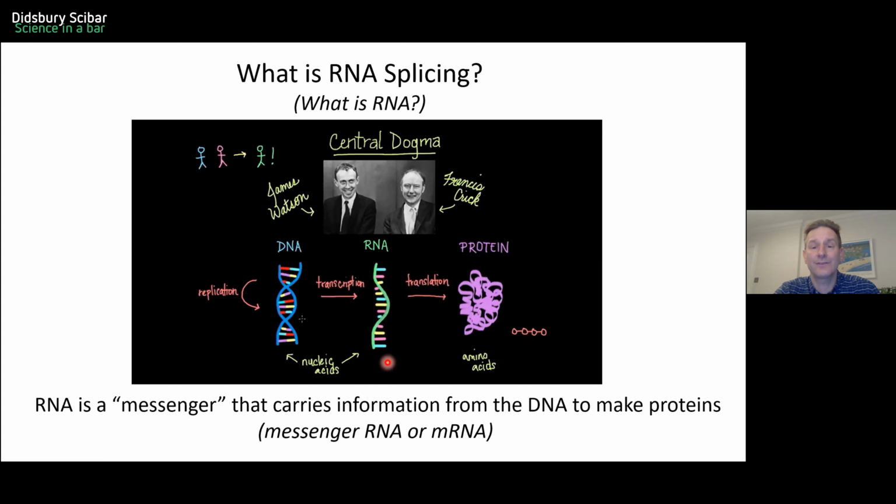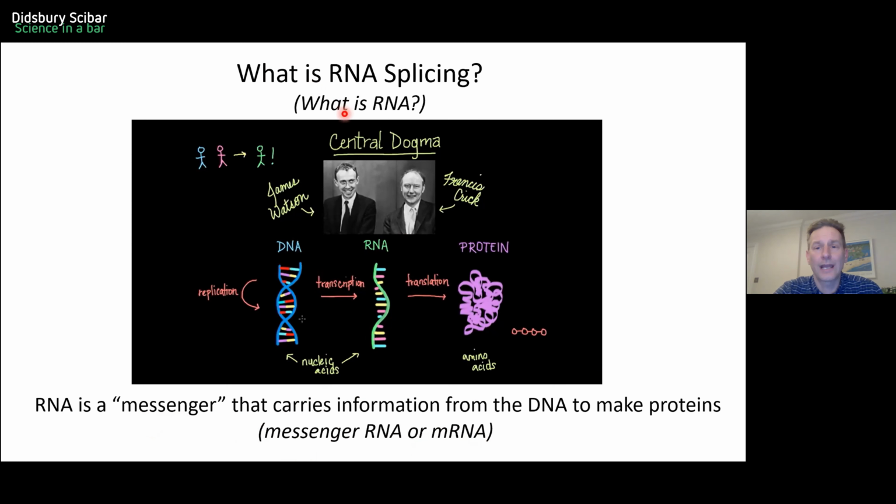The key thing here is this RNA, the message, or messenger RNA or mRNA, carries the message. This RNA is an exact copy of the DNA, but we don't need all the information that is in the RNA to make the protein. We only need a very small part of this RNA to actually go on and be translated to make protein. And that's what RNA splicing is.